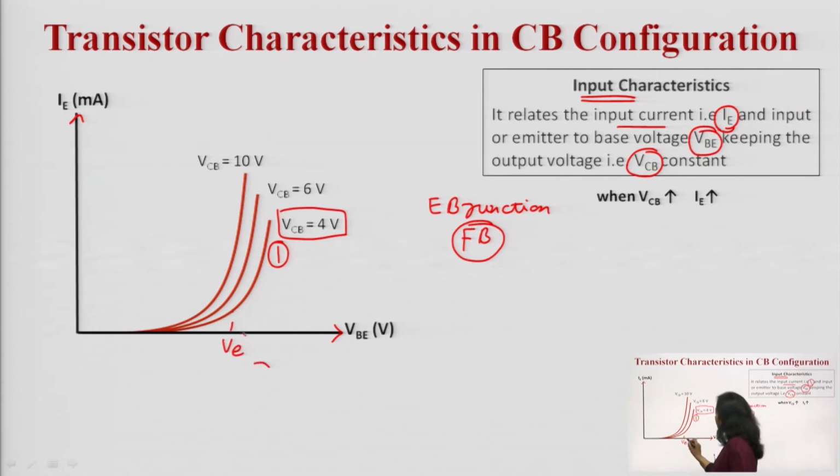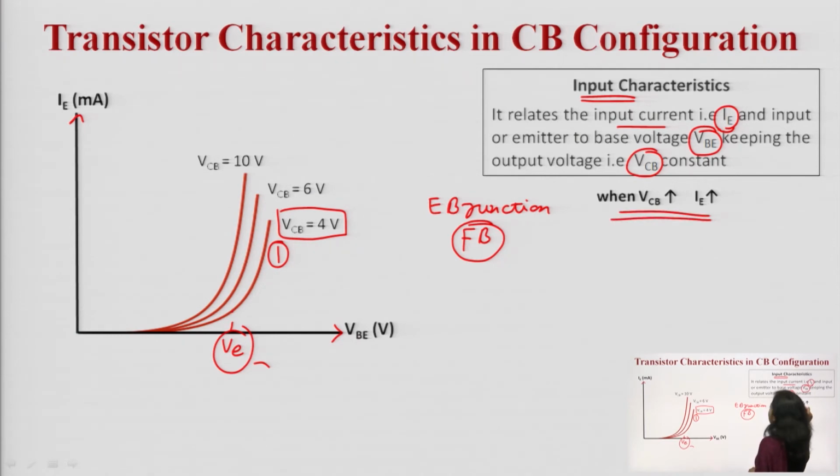But what is going to happen when you are increasing this VCB? In the previous slide, when I was discussing base width modulation or the early effect, I told you that when you increase VCB, IE will increase. See, when you increase VCB from 4 to 6, you can see for curve number 2, IE will increase.